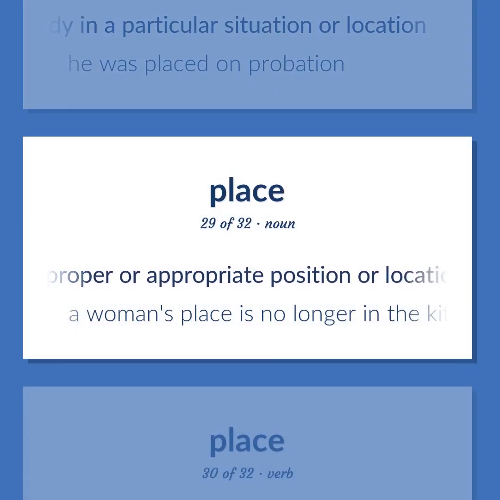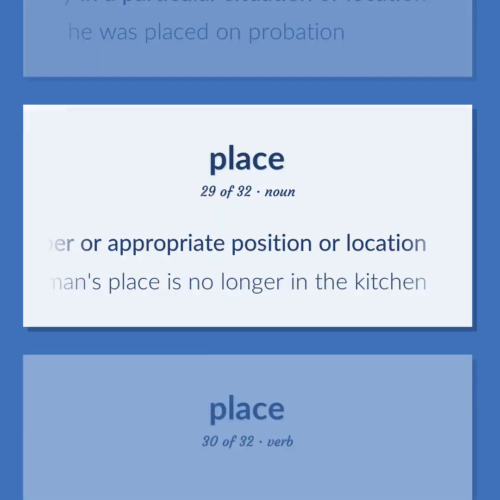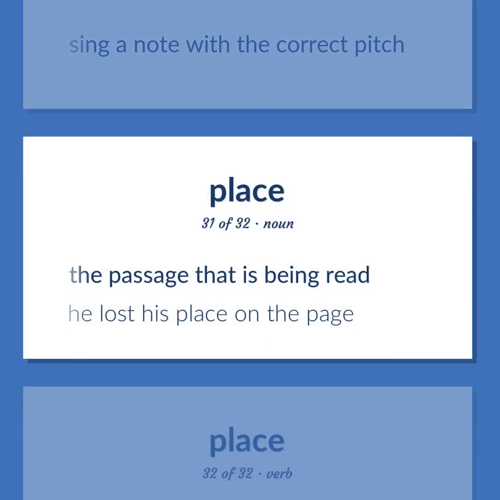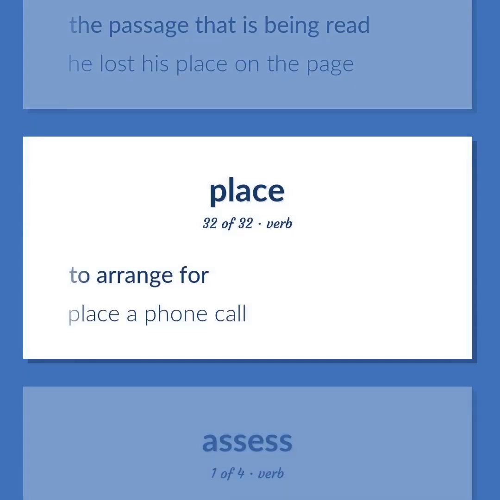Proper or appropriate position or location. A woman's place is no longer in the kitchen. Sing a note with the correct pitch. The passage that is being read. He lost his place on the page. To arrange for. Place a phone call.